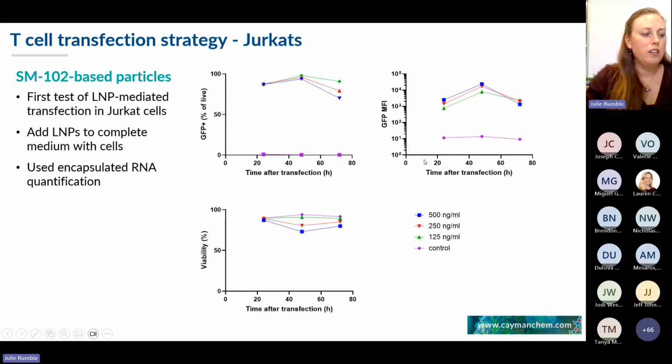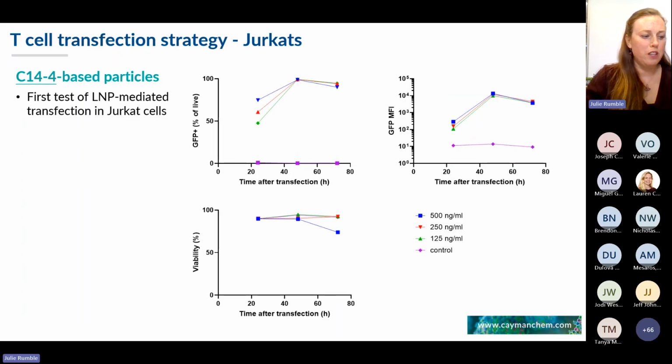We continued to assess GFP positivity for 2 more days after SM102 transfection and found that levels peaked at 48 hours, but remained high through at least 72 hours post-transfection. Viability was slightly affected by LNP treatment in a dose-dependent fashion, but the majority of the cells remained viable.